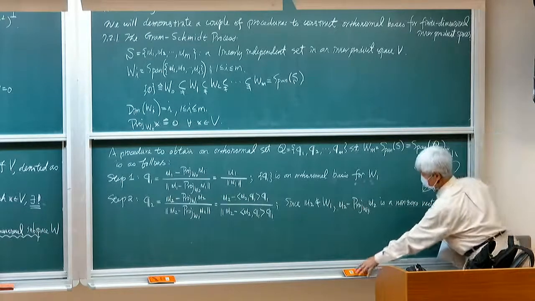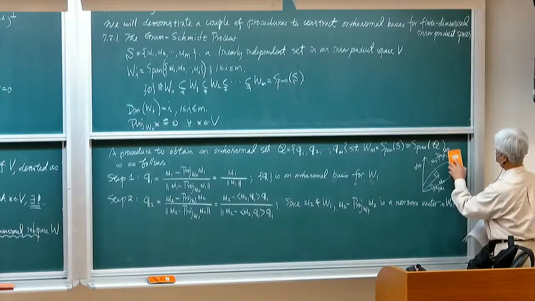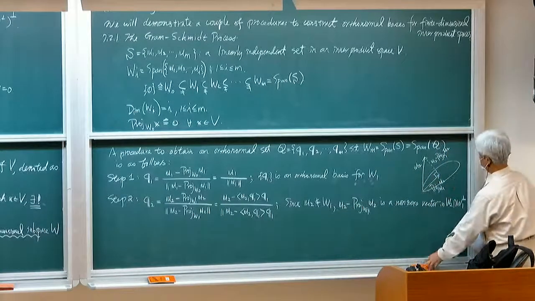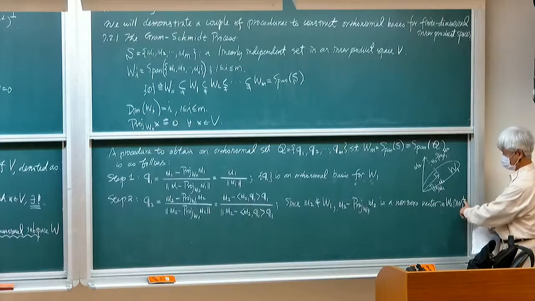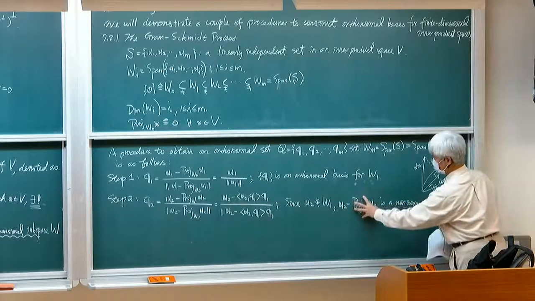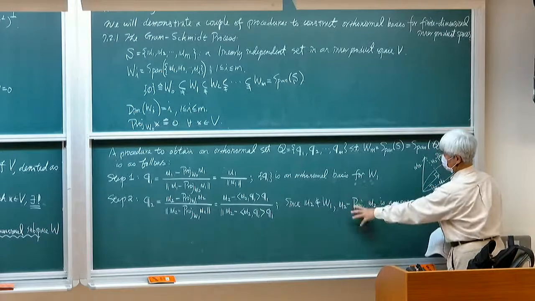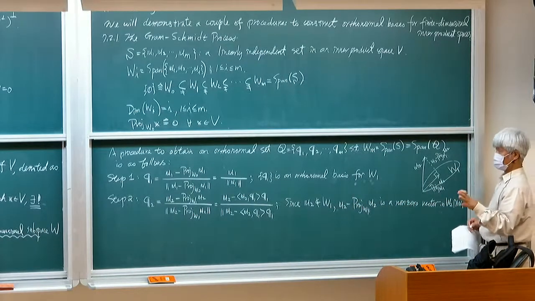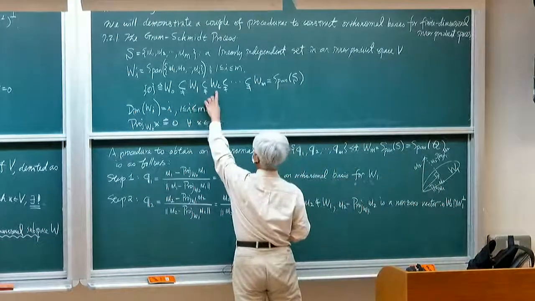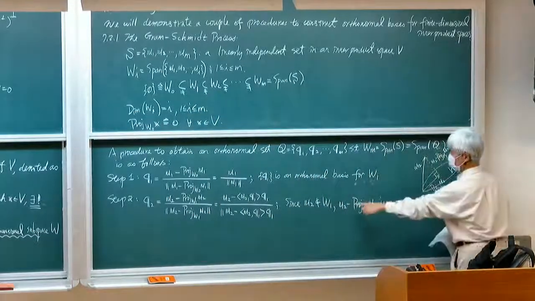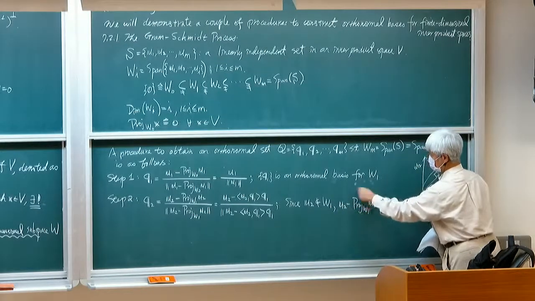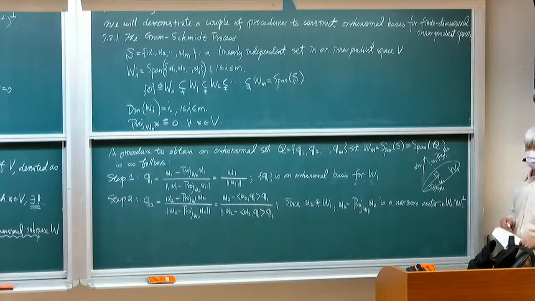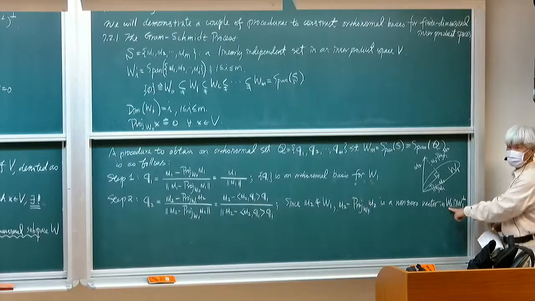So it's in W1 perp. And it's also in W2: the projection is in W1, and W1 is a subspace of W2, and U2 is also in W2. So the difference is a linear combination of vectors in W2, so it is in W2.